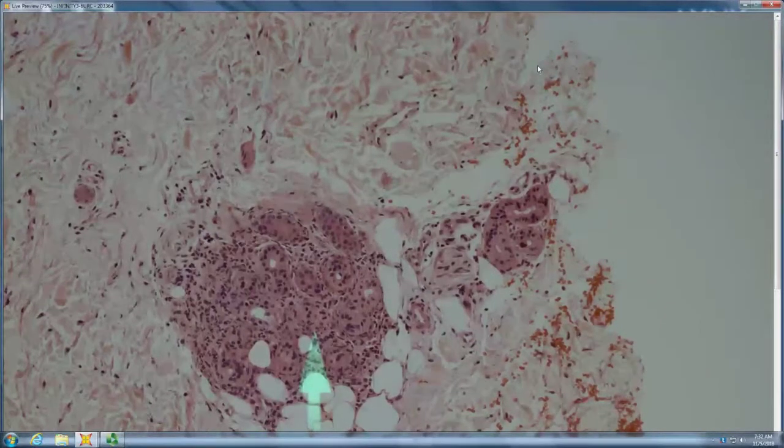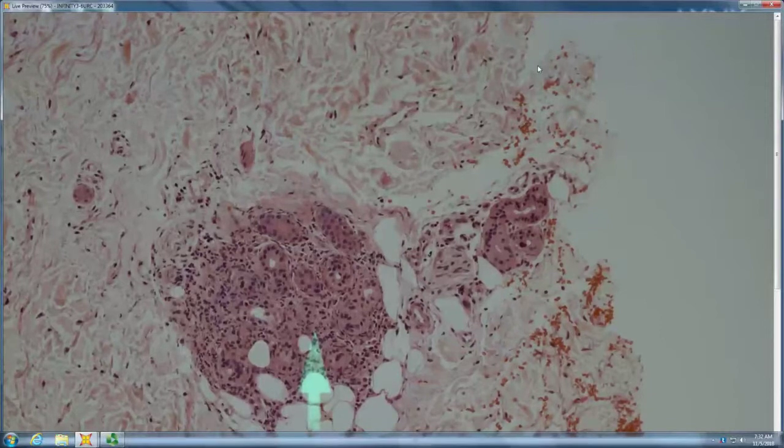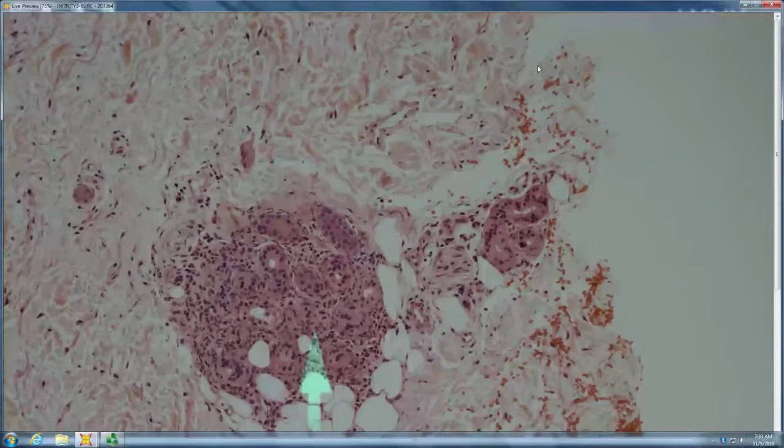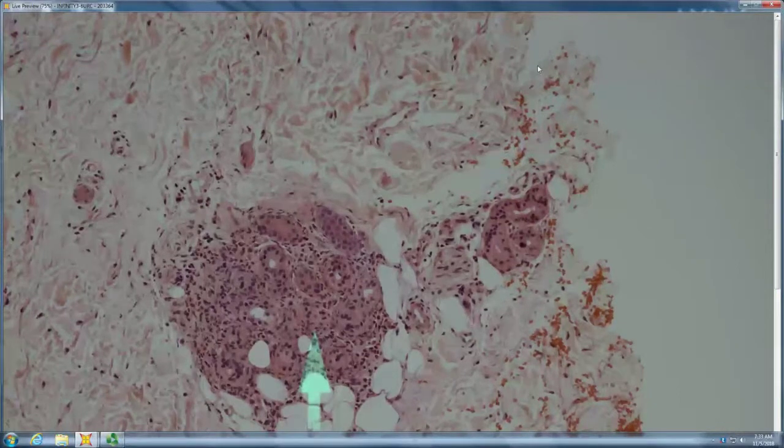Give me 2 causes of neutrophilic eccrine hidradenitis. Okay, you're blanking. Anyone give me 2 causes? Chemo. So chemo would be one. That's the one we think of most commonly, right?